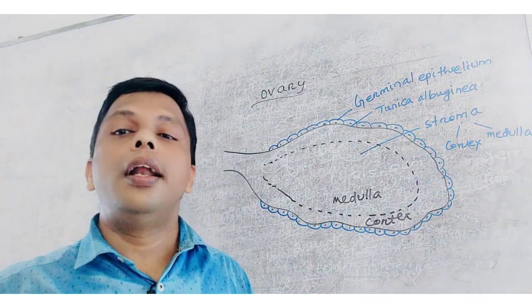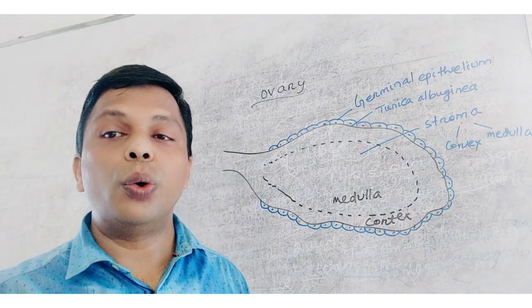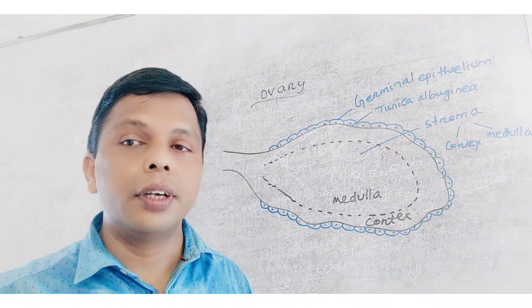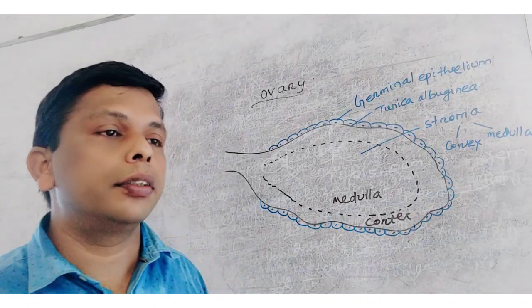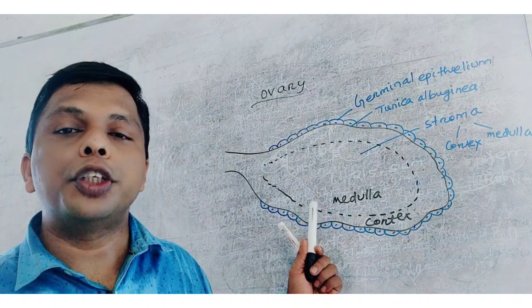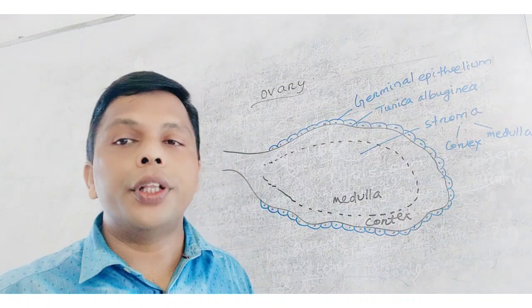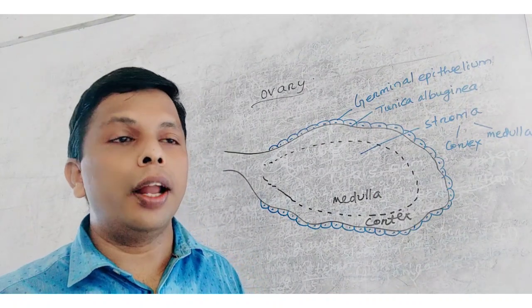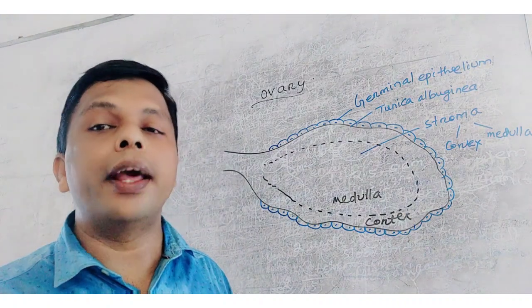So let's discuss these follicles. What are these follicles? How is the ovum formed inside this follicle? First of all, the follicle that is formed from the germinal epithelial cell is called the primordial follicle.